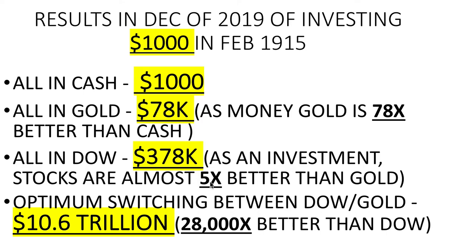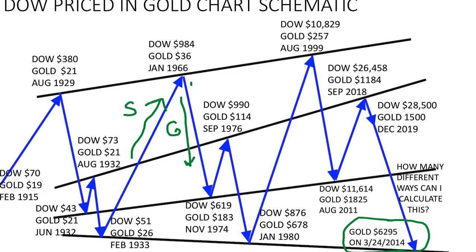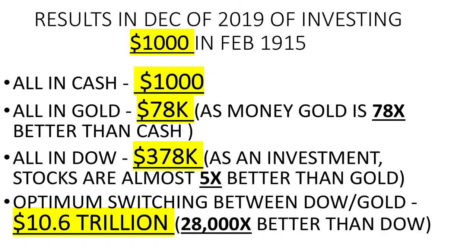If you're one of those people, you do 5 times better. The whole point of the first 2 videos is to say, at least go by this pattern right here. If you go by that, it's literally 28,000 times better than being in this one.